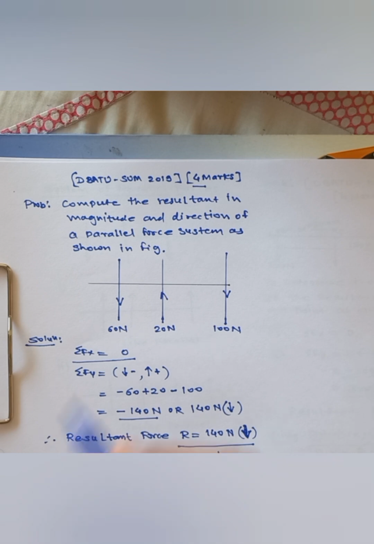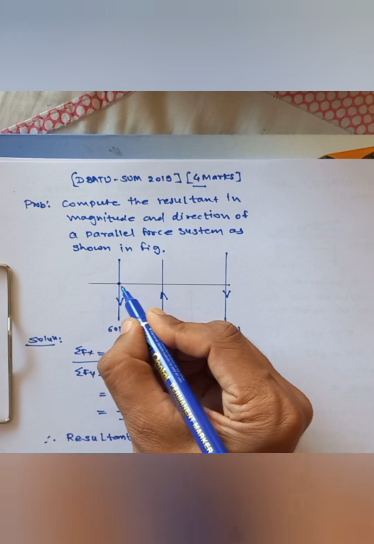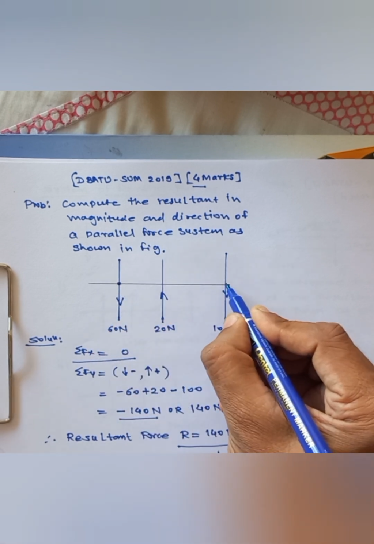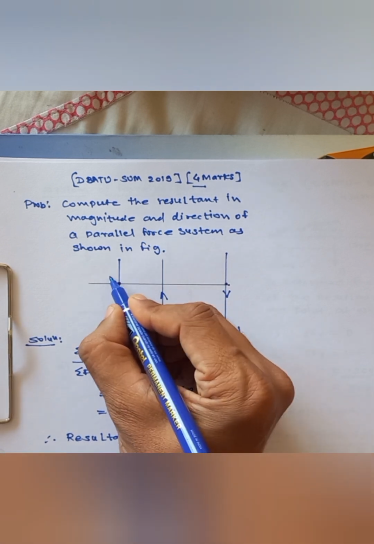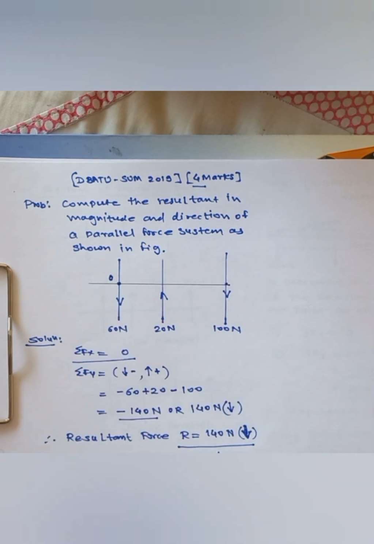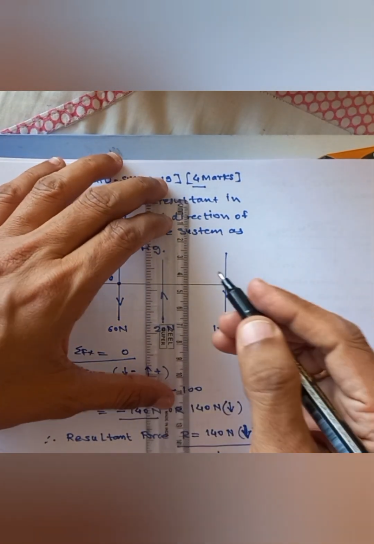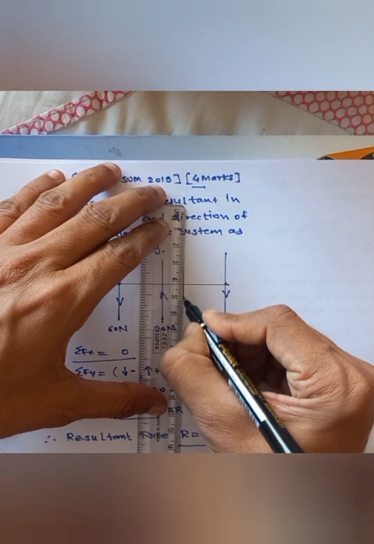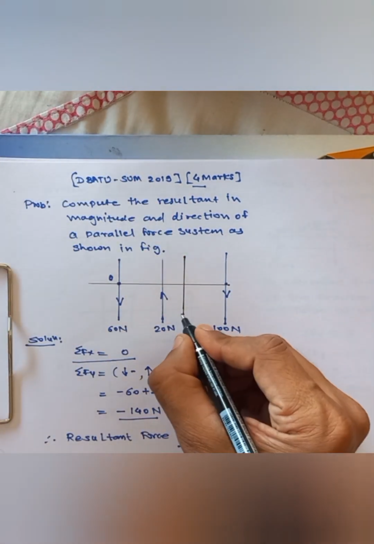Let us consider from any one point, either from the left force or from the right force. I am considering this point as the O point, at the left end, and I am showing the resultant force somewhere, and that is downward.